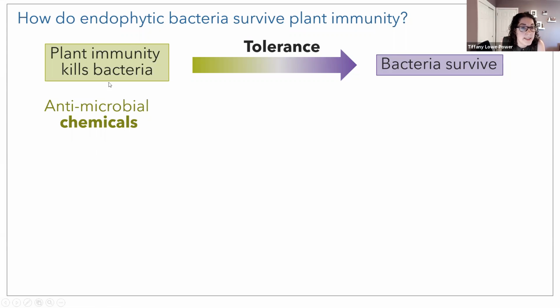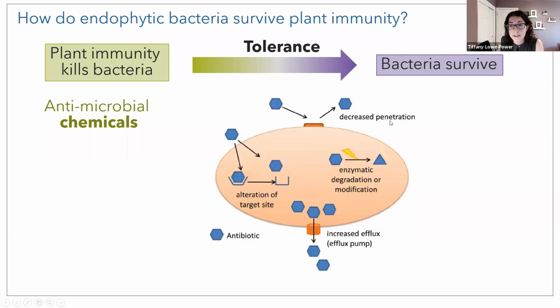Some things that help plants kill off bacteria: plants are chemical experts, and they have a lot of antimicrobial chemicals that can keep non-adapted pathogens from growing. But bacteria that grow in plants have many mechanisms to tolerate these antimicrobial chemicals.